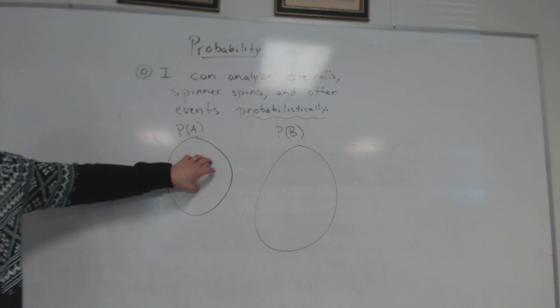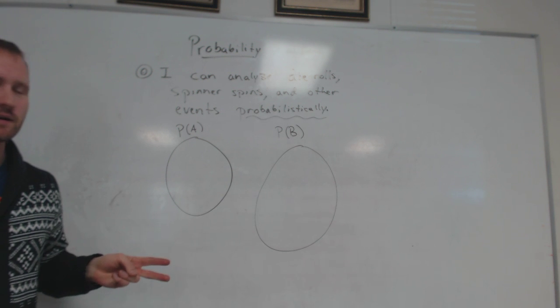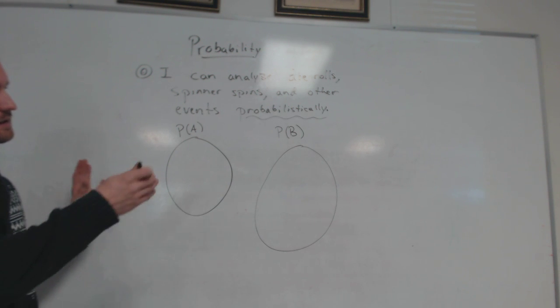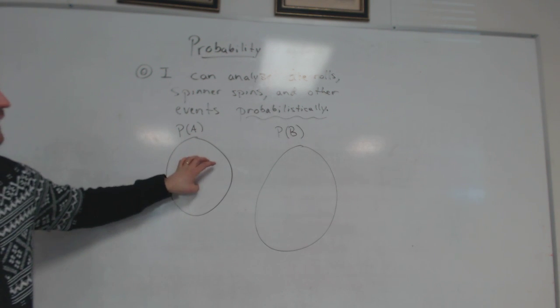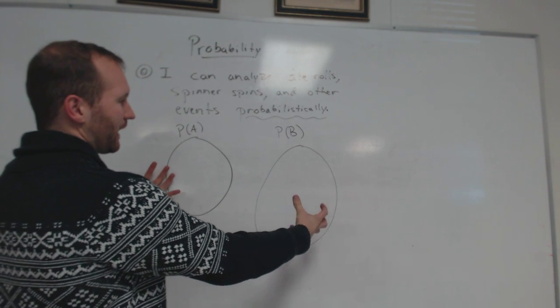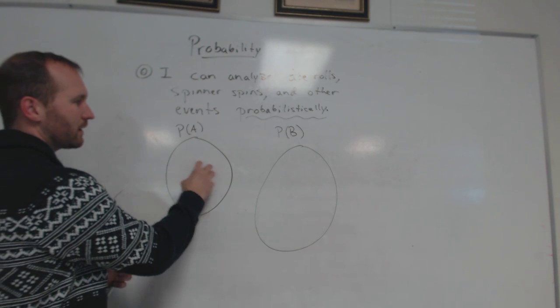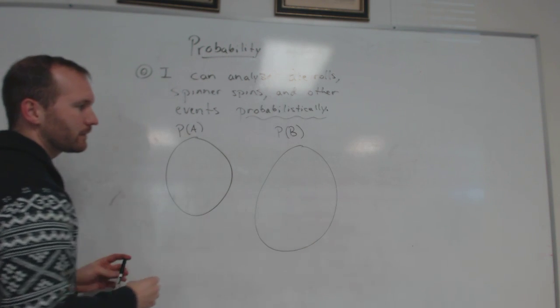And when you start to visualize these as areas, this helps with two things. One, it can help you to see the larger picture. A plus B: I can see now that if I added those areas together, those are my chances of being here or in here.